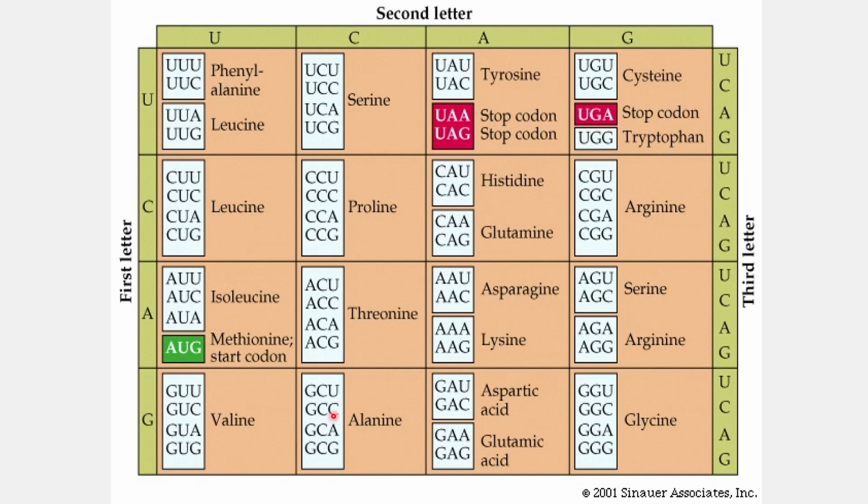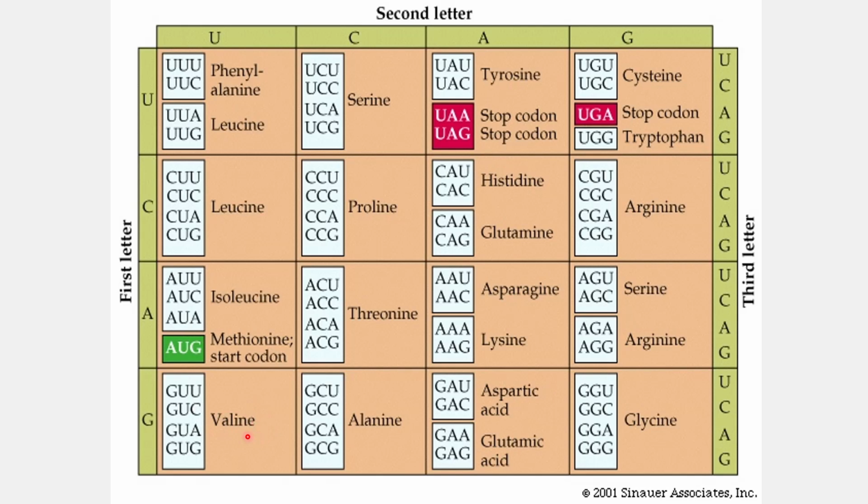So for example, if in the messenger RNA there is a set of letters that reads GUG, then a transfer RNA will be brought into the ribosome that is carrying the amino acid valine, and that will be added to the protein at that point.